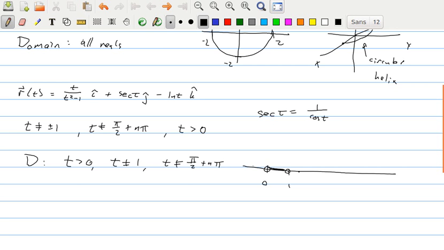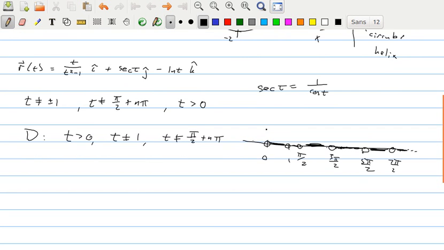Then at pi over 2, we have another open circle, and then again at 3 pi over 2, 5 pi over 2, 7 pi over 2, and so on. And we're going to fill in all the gaps between all those open circles. So that gives us our domain for this vector valued function.